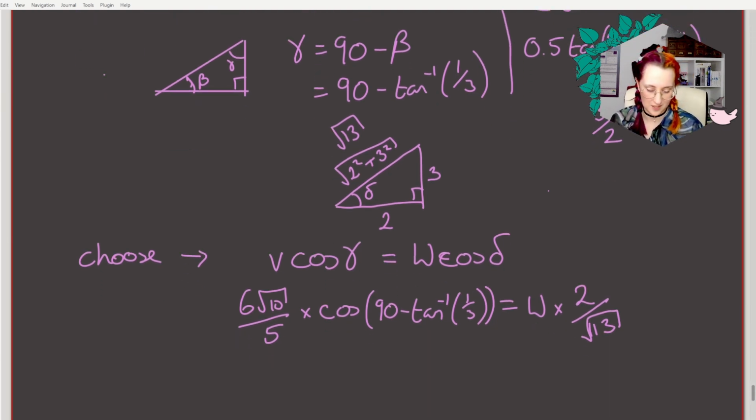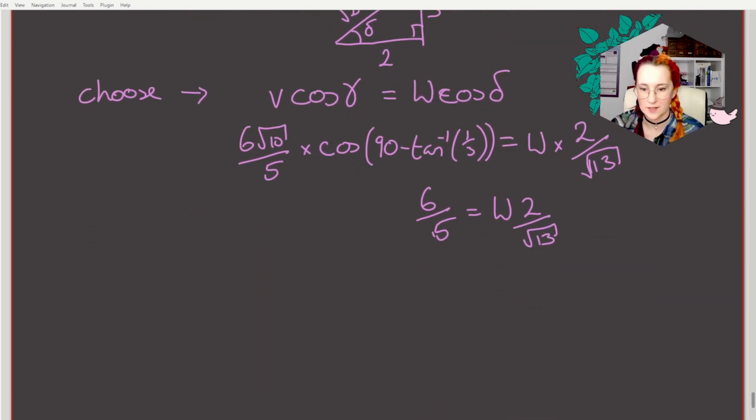Okay, this one is definitely going to be calculated. 6 times square root of 10 over 5 times cos of 90 minus inverse tan of 1/3. So that side is 6/5. Is W times 2 over √13. So that gives us that 6√13/10 is W.